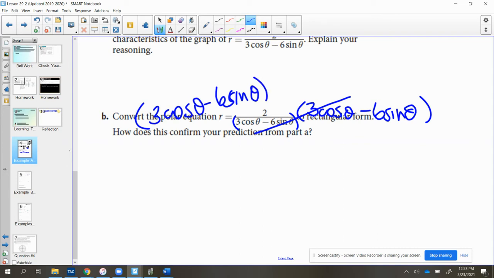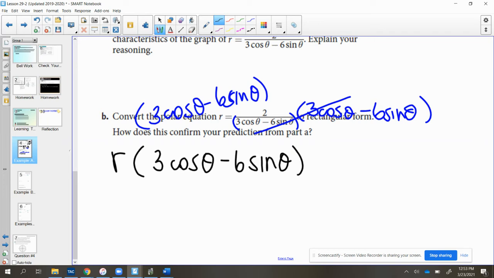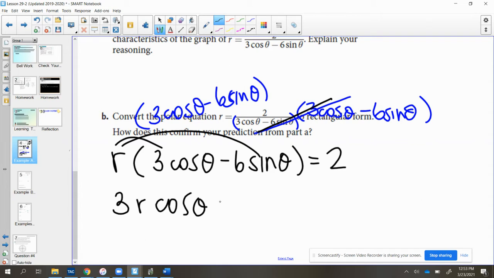Now, what's going to happen is we want to distribute that r to both pieces, because right now we have that out front here. And when we distribute that r through, because right now it just equals 2 since these canceled, we now are going to have 3r cosine theta minus 6r sine theta.